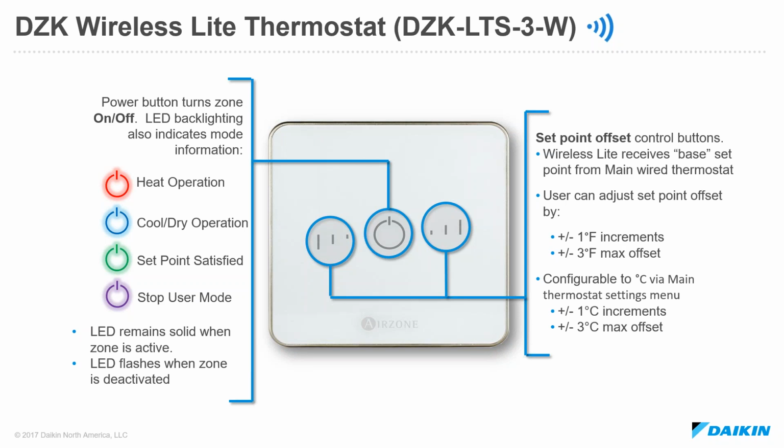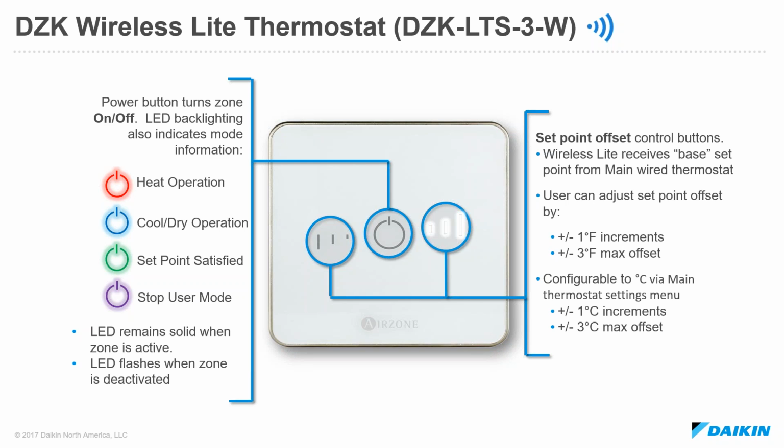And then we can adjust in that +1 or -1 increment for a total of +3 or -3 Fahrenheit. And essentially what happens is when the user taps this region of the graduated lines above the set point, we'll see some white LEDs reflecting that the user has adjusted the set point above the base set point.